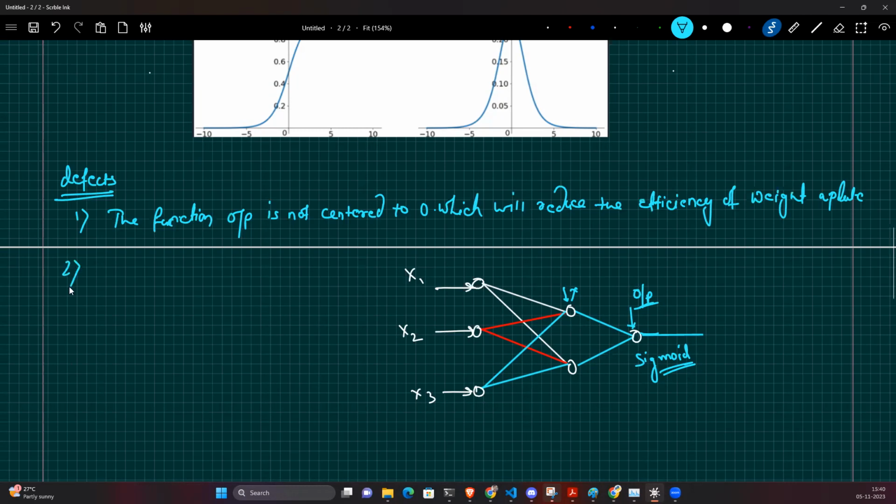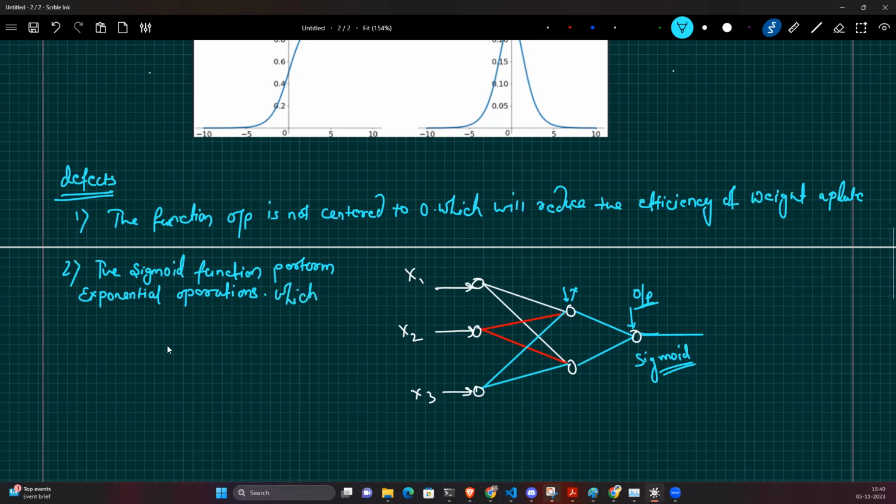And number two defect is the sigmoid function performs an exponential operation, which is slower for computers.